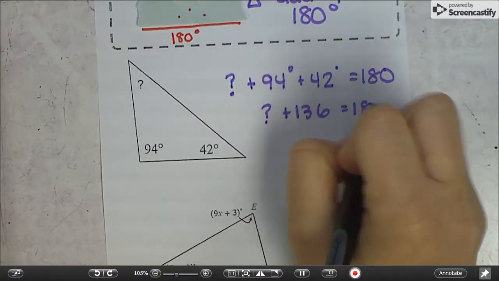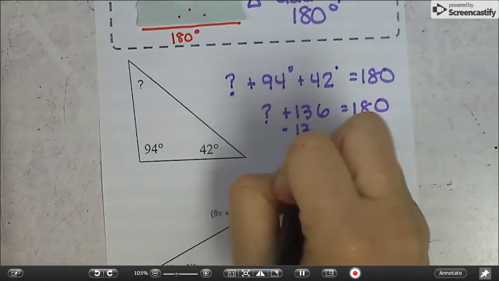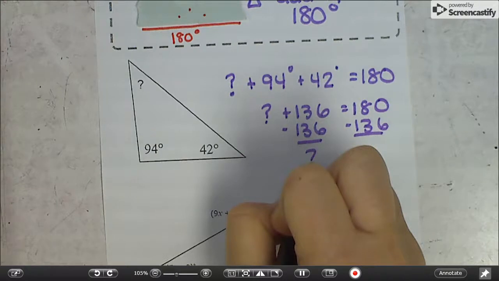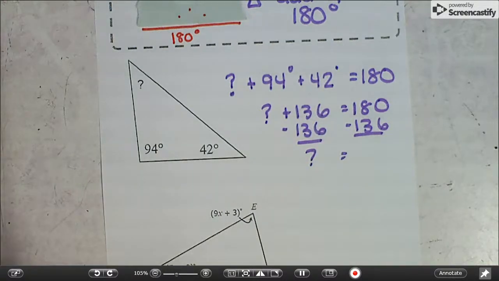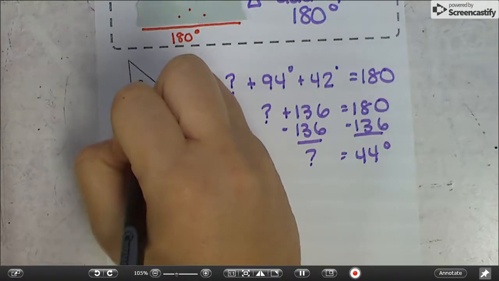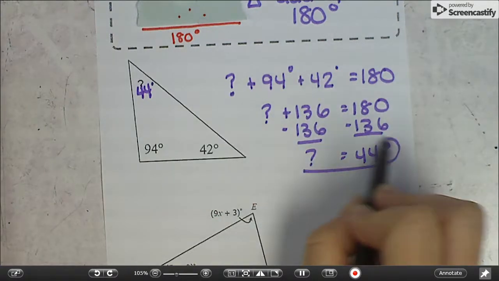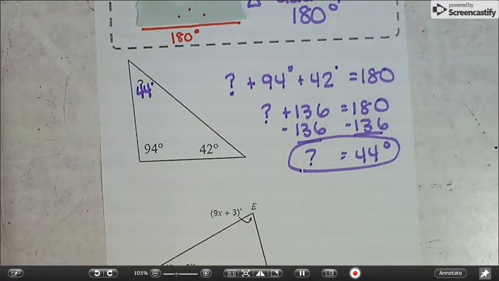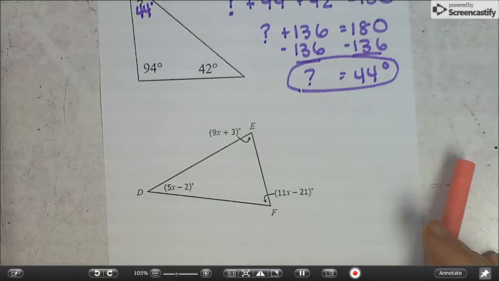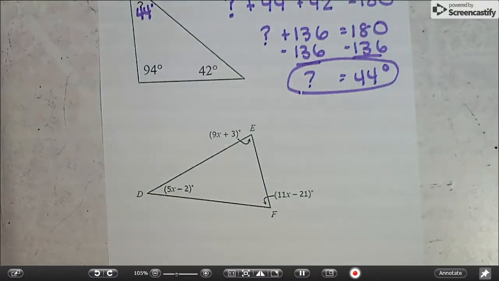You could use an X instead of the question mark, but you don't have to. So question mark equals 44 degrees. That's at the most basic level. Pause if you need to go back and write if I'm writing too quickly.